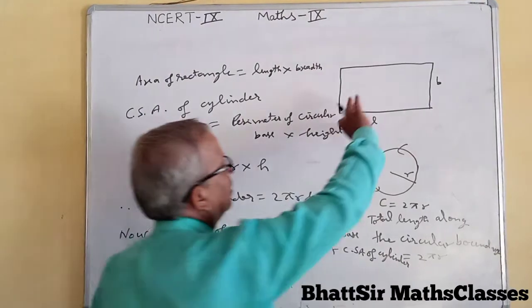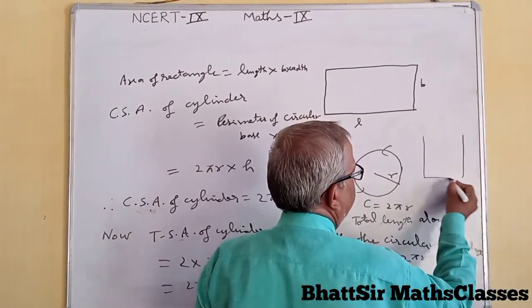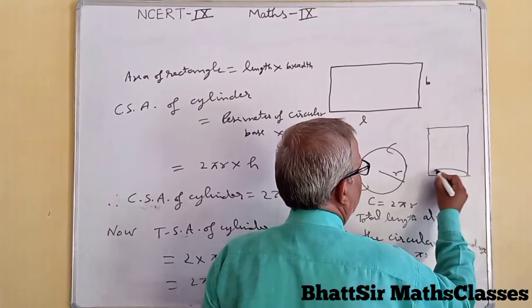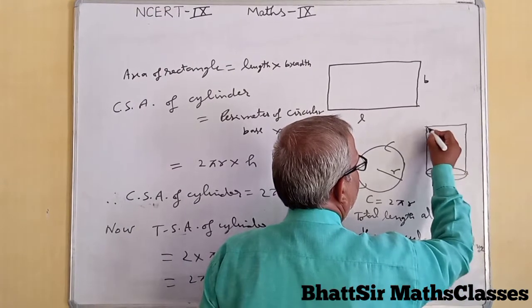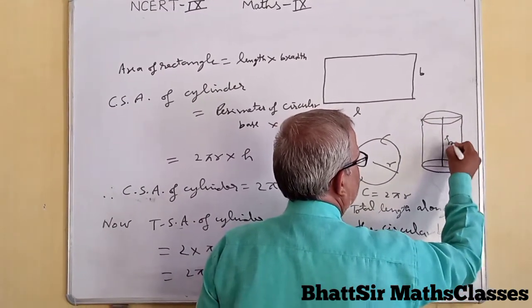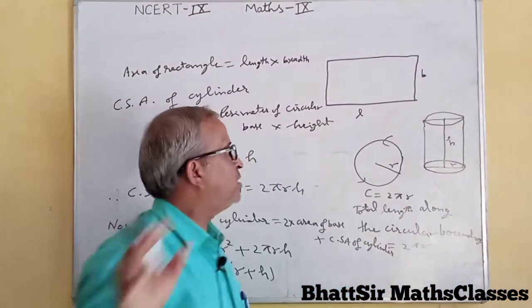So we can convert this rectangle into this. This is the height, this is the height. So this rectangle converts into a cylinder.